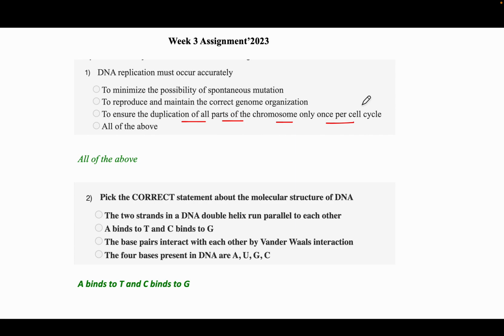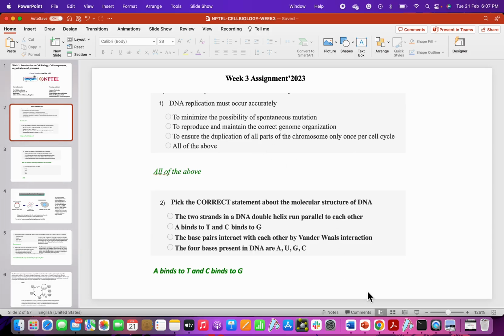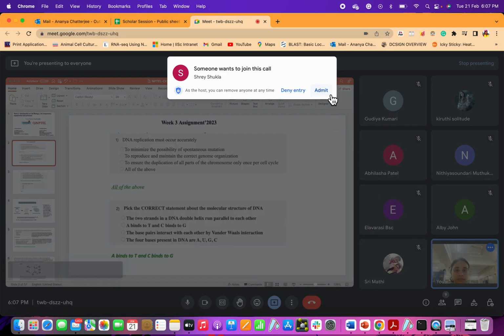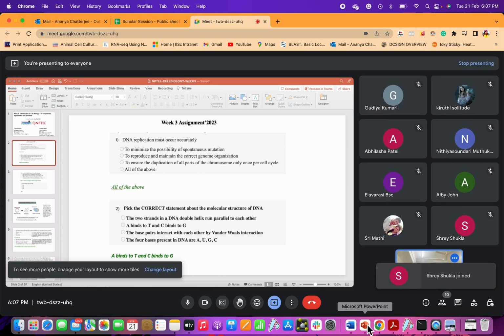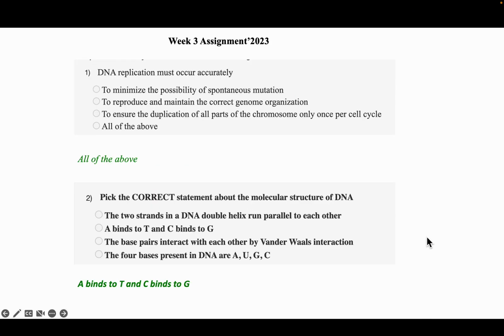But while doing so, the cell needs to introspect whether any spontaneous mutation is happening while replication, it may happen.